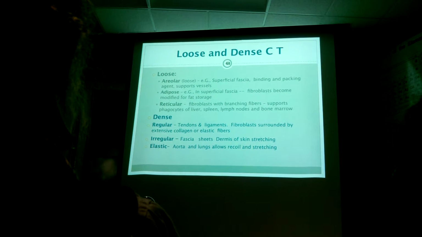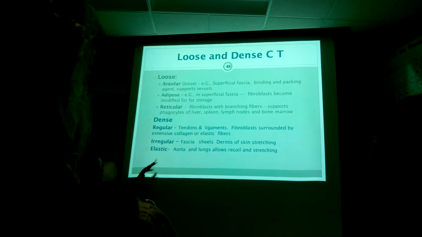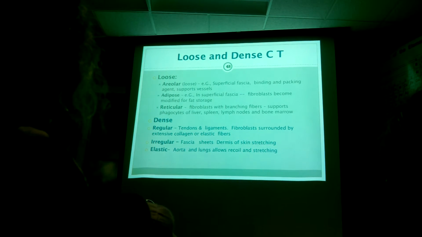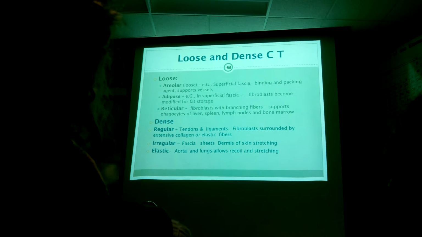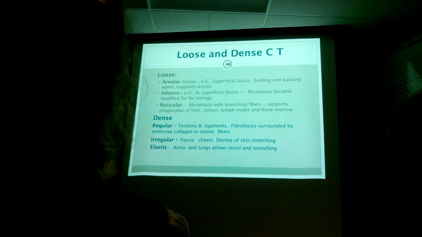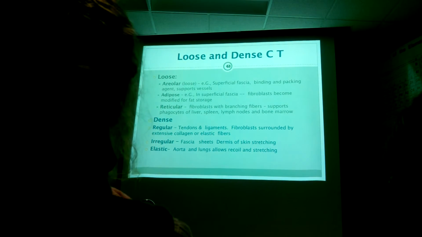When we talk about muscles, we'll talk about where this tissue comes from, because it's interesting how the tendons are formed. Irregular are the fascia sheets under the skin, very good for stretching. And the elastic, like I mentioned, is in the aorta to allow recoil, and especially our lungs as well. I can expand my lungs and recoil them back, so they have a lot of these elastic fibers inside of them.